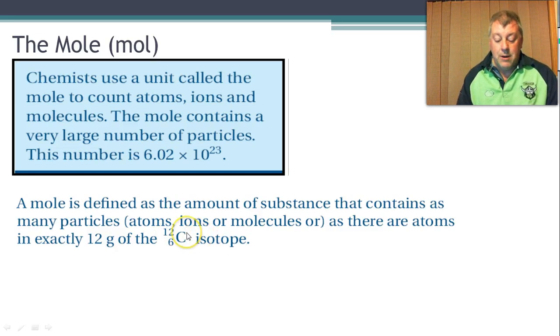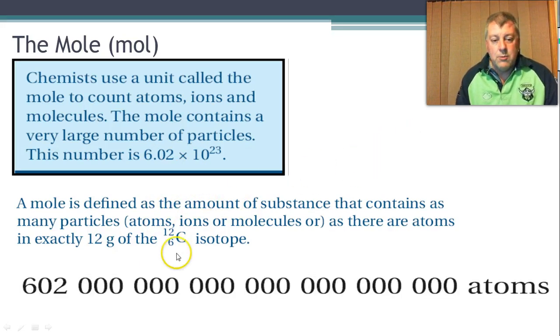So if you weigh out exactly 12 grams of carbon-12, this is how many atoms there are. And we can use that number to describe anything. When we write it fully, that's how big it is. And so it's a very big number.